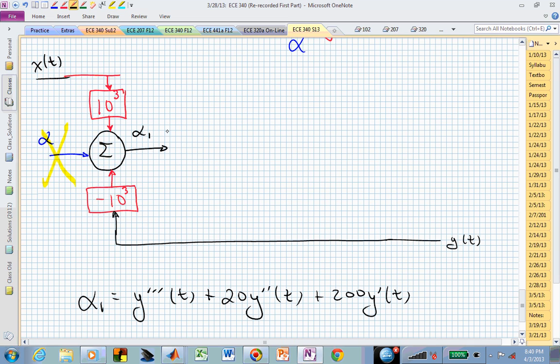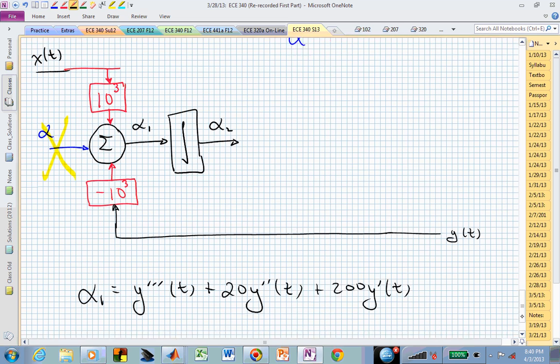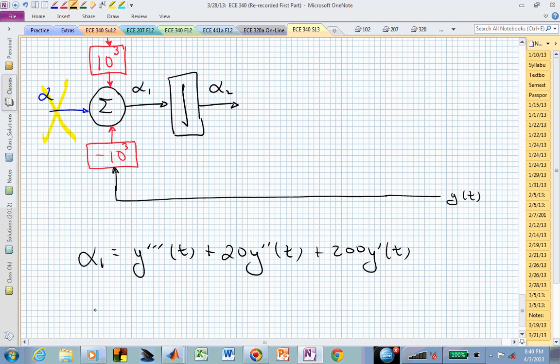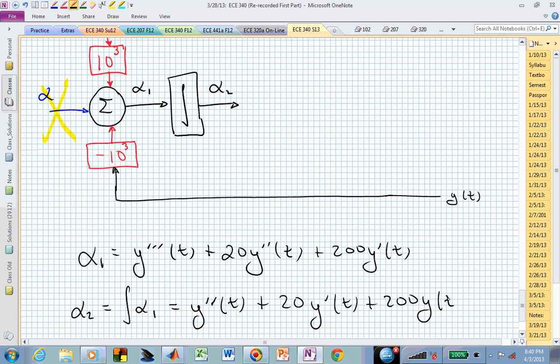What I want to do now is integrate that and produce a new signal, which I can call alpha sub 2. If I integrate alpha 1 and call that alpha 2, alpha 2 is equal to the second derivative of y plus 20 times the first derivative of y plus 200 times y of t.